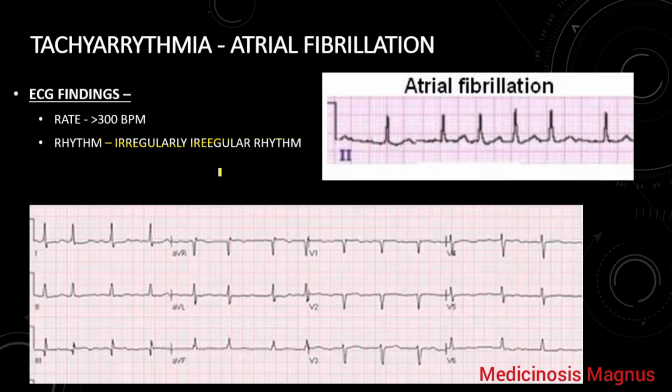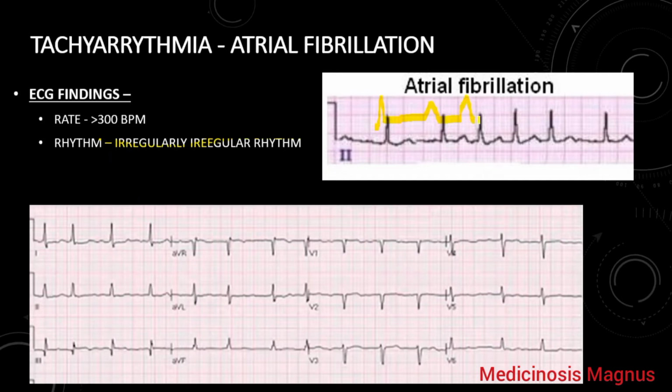If the rhythm is regularly irregular, that means there is some abnormality in the rhythm, but that abnormality has a proper fashion. For example, it will be like one R wave and two boxes empty, then again one R wave, then one box empty, then one R wave.